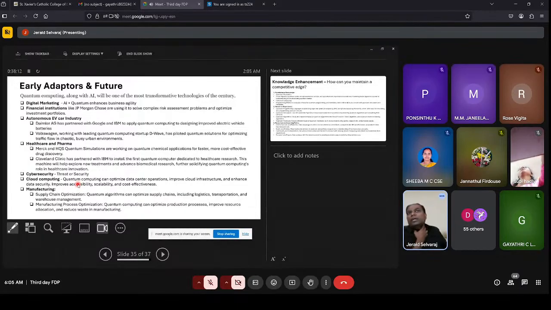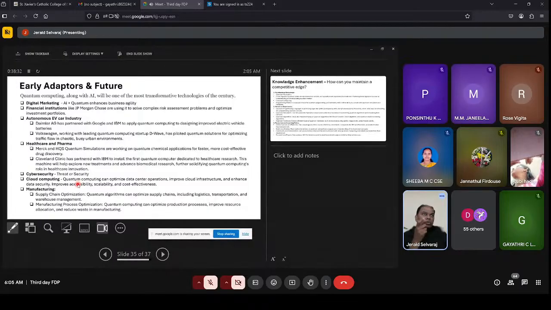And Volkswagen is currently working with a few startup companies. They are analyzing how traffic flows and other things can benefit the autonomous vehicle processing system.